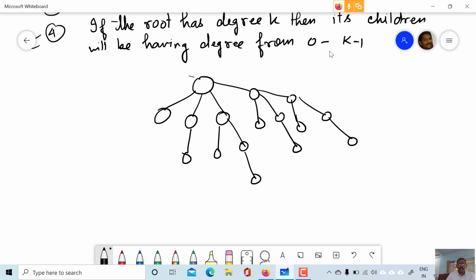So the root node is having degree 1, 2, 3 and 4. 4 edges are there, therefore degree is 4. So k is 4 in this case. The degree of the children is varying from 0 to 3.